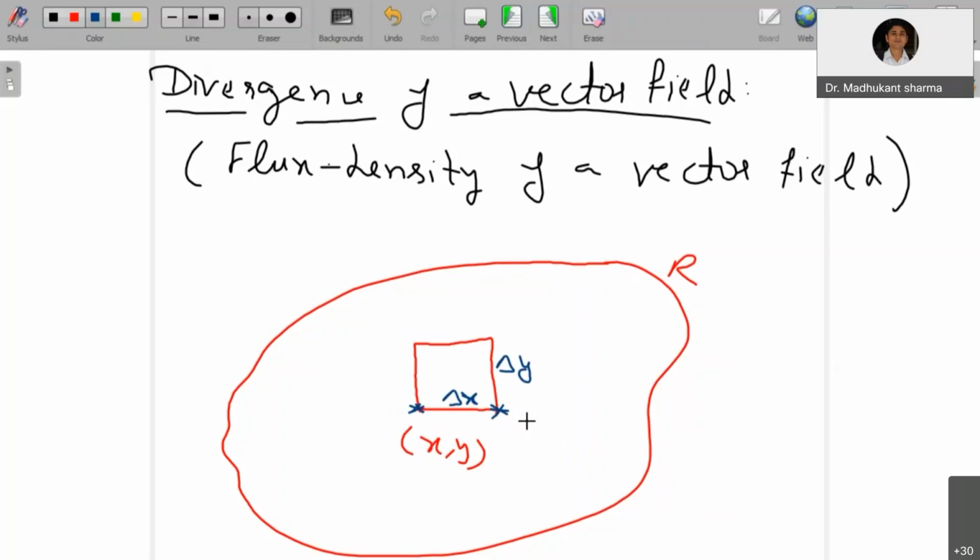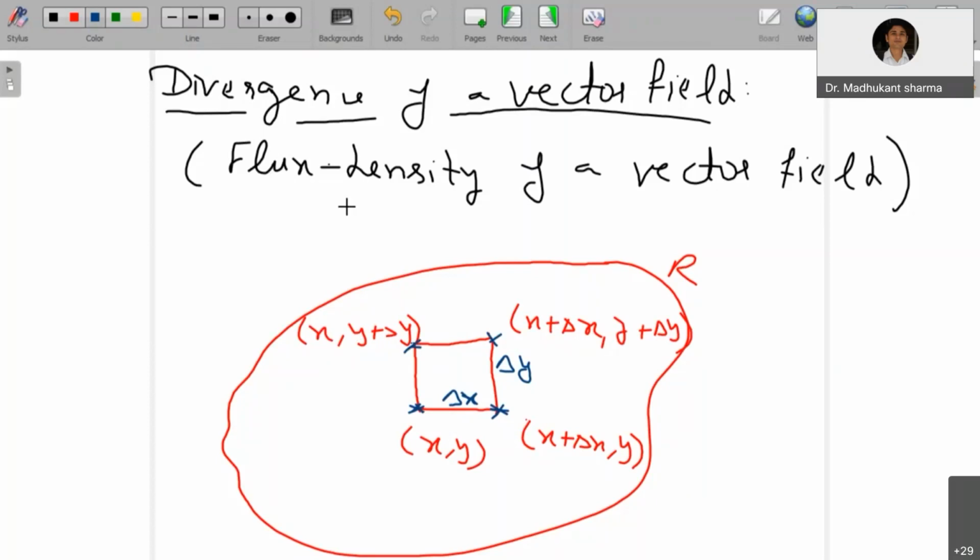The other corners are x plus delta x comma y, x plus delta x comma y plus delta y, and x comma y plus delta y. These are the four points. As delta x and delta y tend to 0, that gives you the flux density of the vector field at the point x comma y.